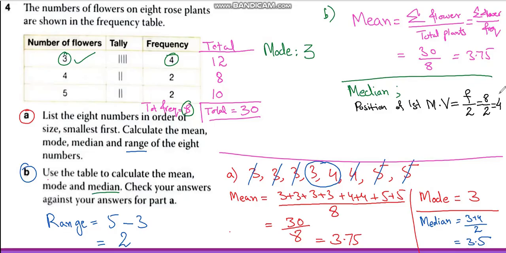So the first middle value exists at the 4th position, and the second middle value will be the next value after the 4th position, meaning the 5th position will be the position of the second middle value.